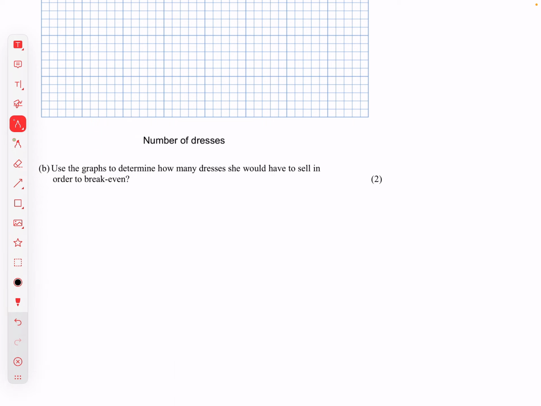You take your formula and you let your income equal your expenses. Okay, now you're obviously going to read off, but if you cannot read off, you can work it out this way. So your income graph is 750n equal to 3,000 plus 500n.